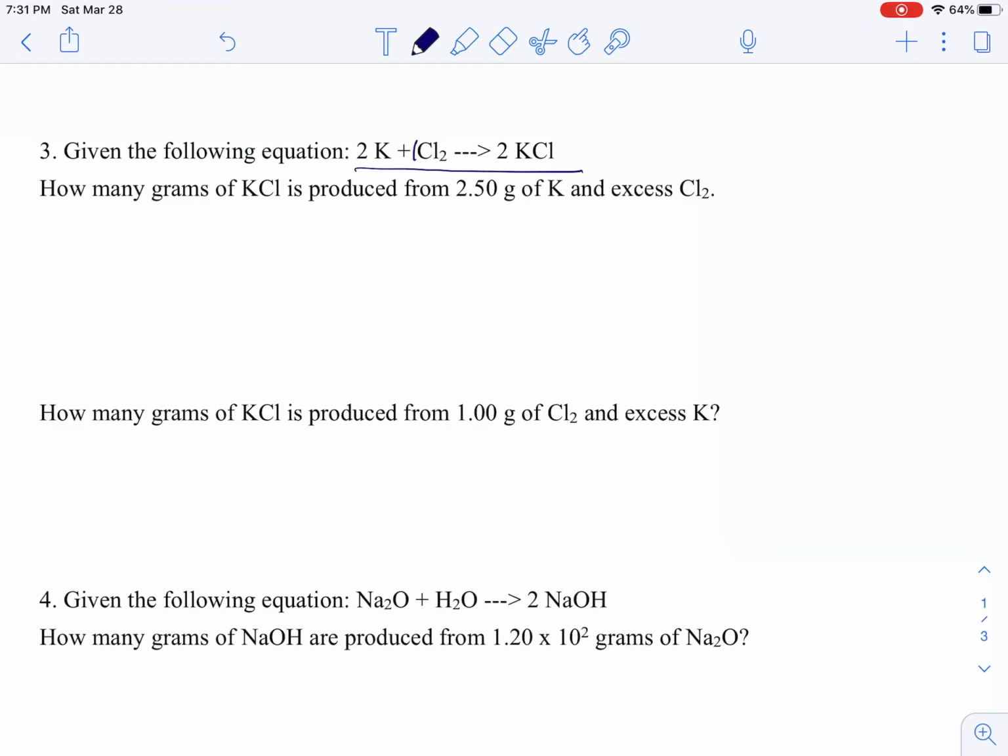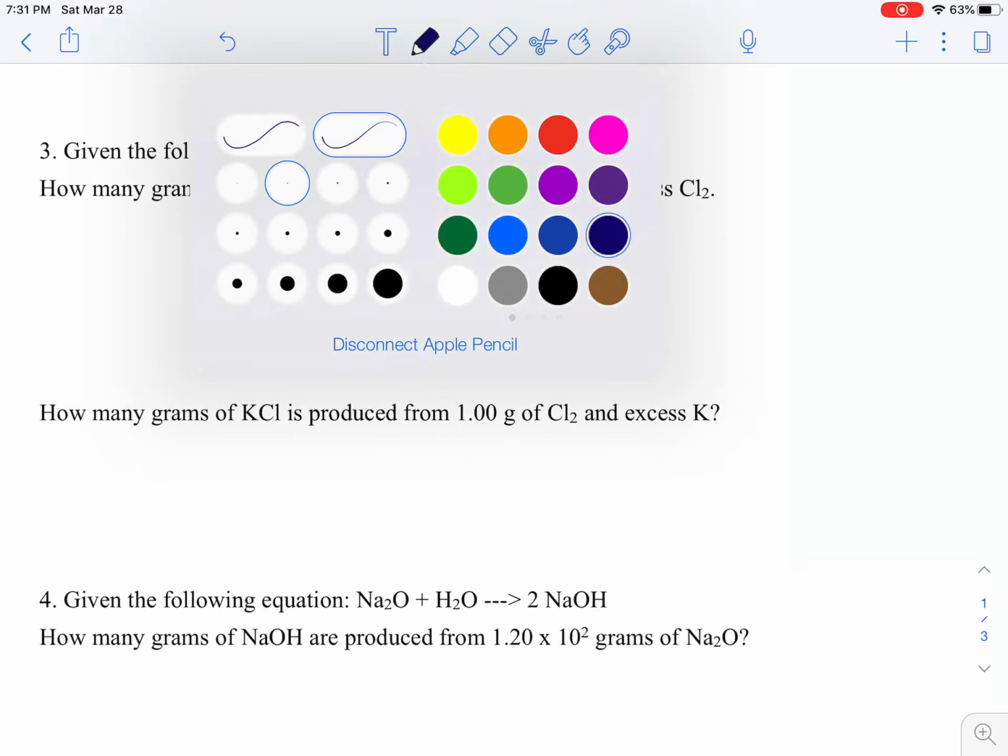So remember, the coefficients in front of each atom or molecule are going to be your molar ratios. And the question says that there's excess potassium. How many grams of KCl is produced from 1 gram of Cl2 when there's excess potassium?